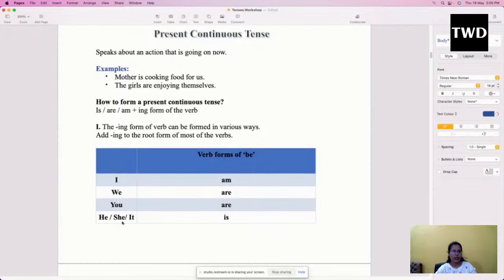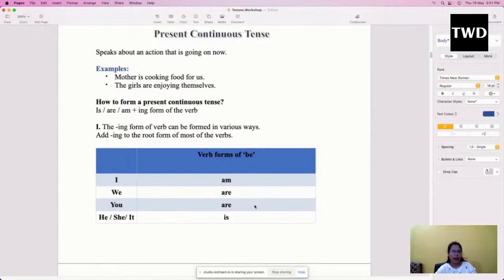Okay, he, she, it, these are singular forms of the pronoun. So with a singular subject we will be using the singular form of the verb, that is, he is learning English now. She is learning English now. It is jumping on the ground now.